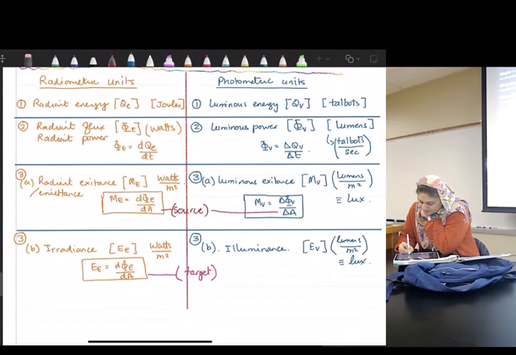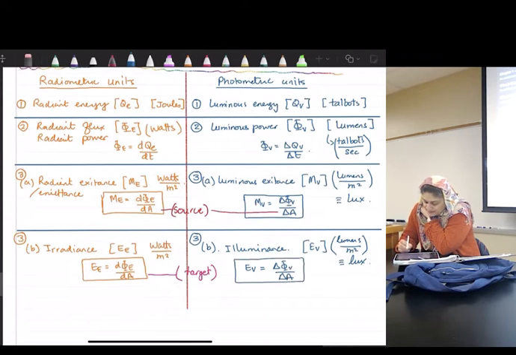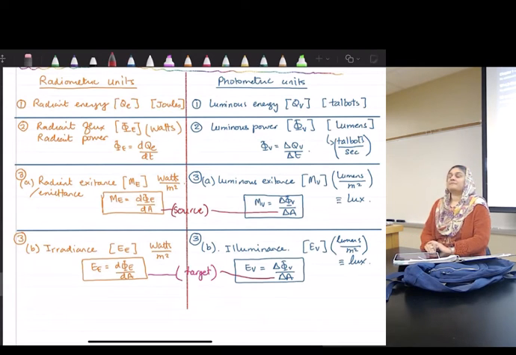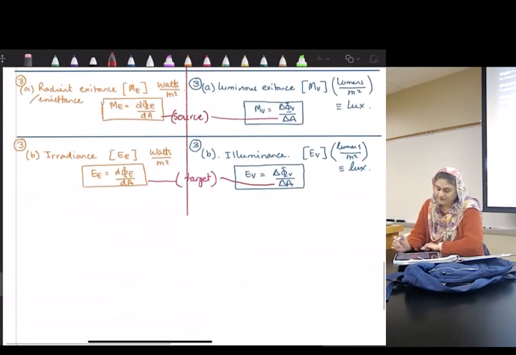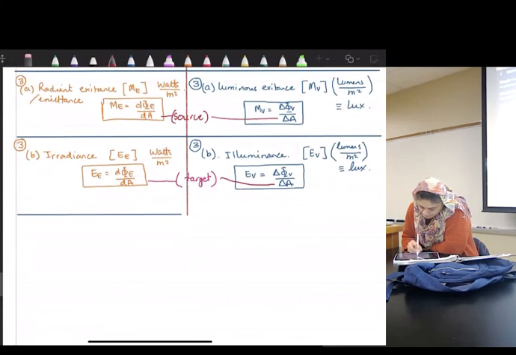With a formula EV equals delta phi V over delta A. And again, this is the area of the target, the eye, the detector. I'll leave this here.